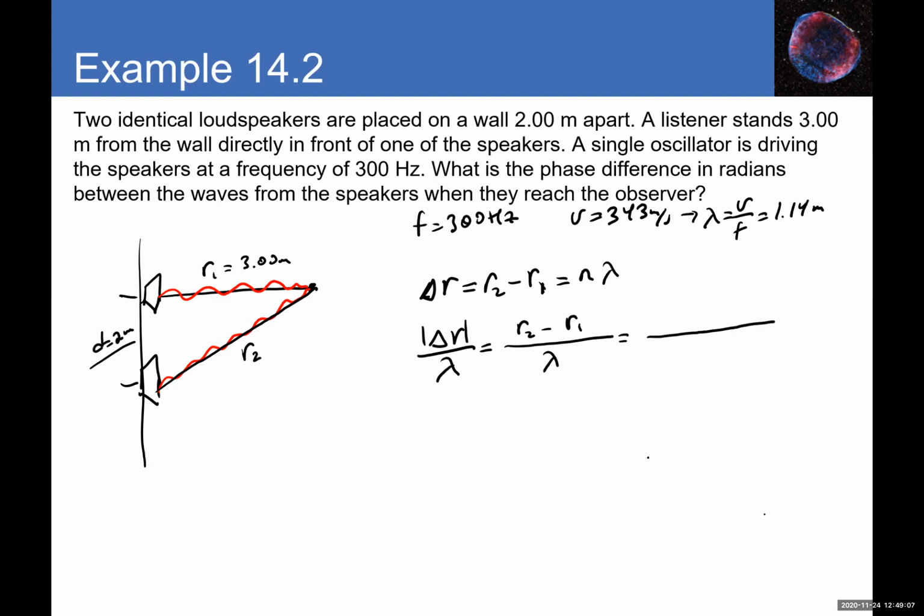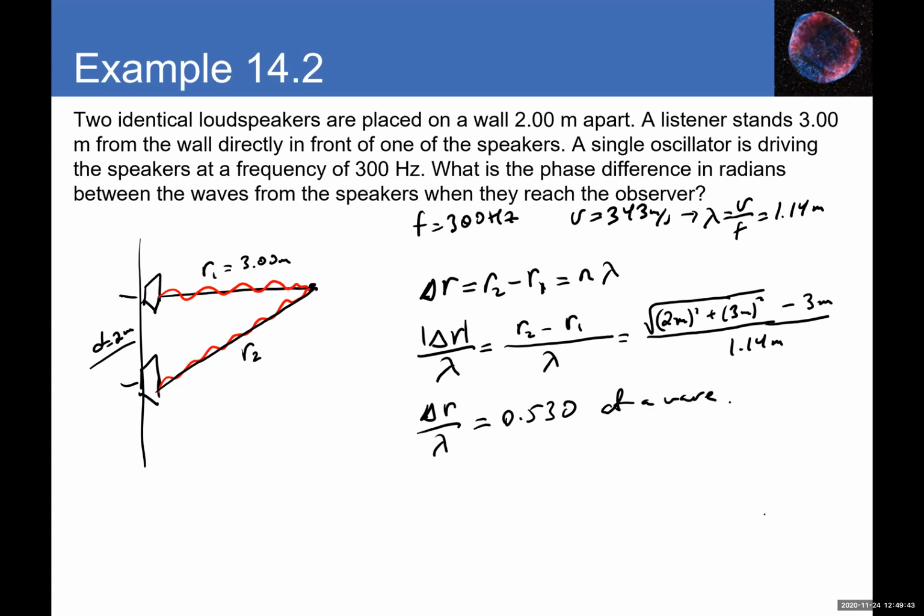So R2 is the square root of 2 meters squared plus 3 meters squared, minus R1, which itself is 3 meters, and then divided by 1.14 meters, which is my wavelength. That means this ratio, delta R over lambda, is equal to 0.53 of a wave.